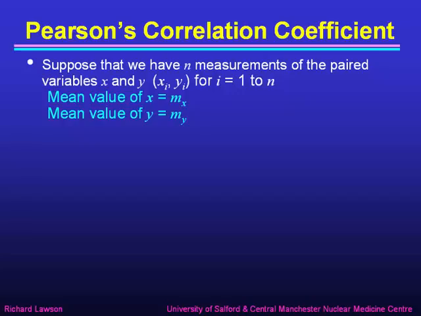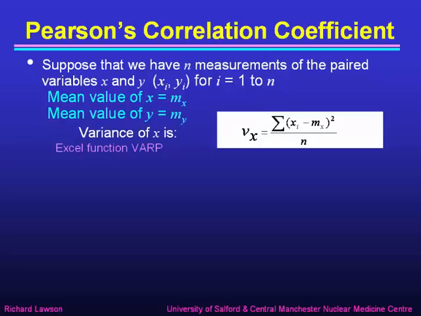So suppose that we've got n measurements of paired values x and y, that is xi paired with yi, for i going from 1 up to n being the last measurement. Then we can calculate the mean value of x and let that be mx, and the mean value of y, my.